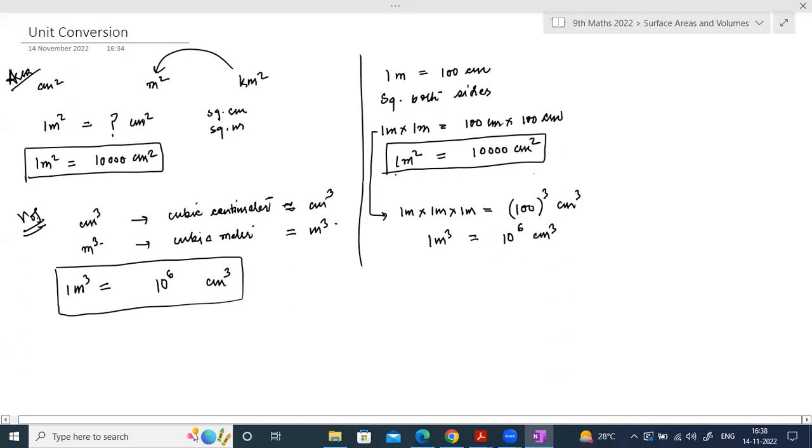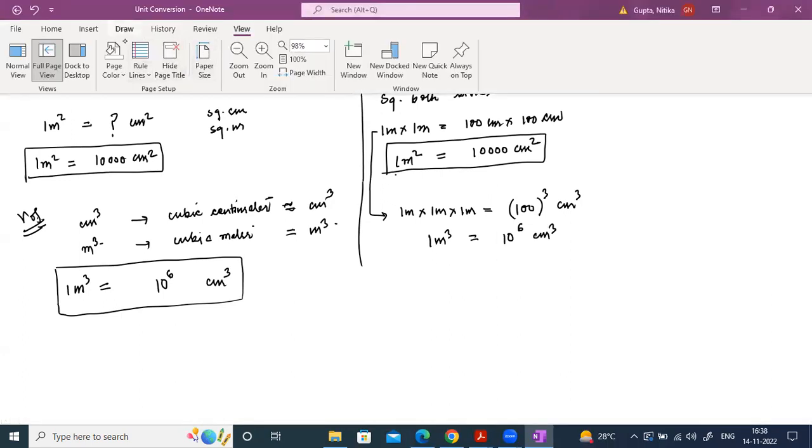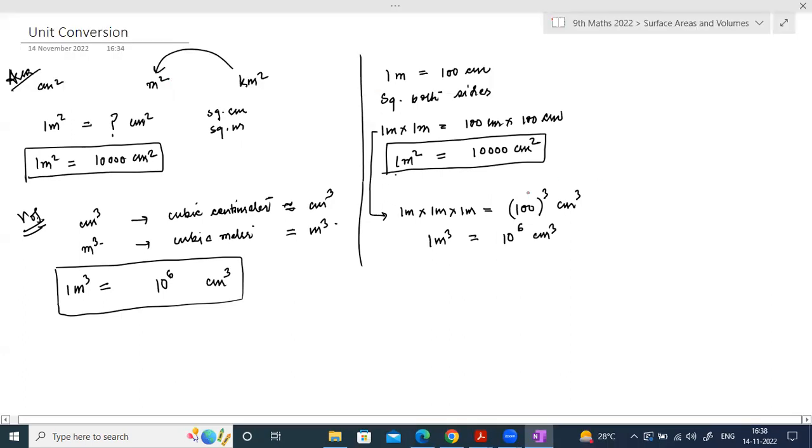Because if you cube 100, what will it become? Can you simplify it using laws of exponents? 100 can be written as 10 square whole cube, which is 10 to the power 6.